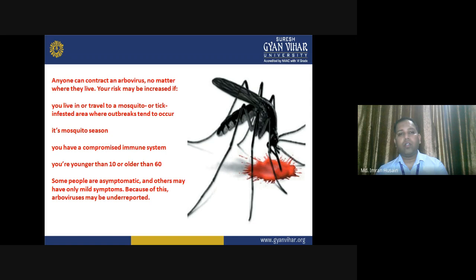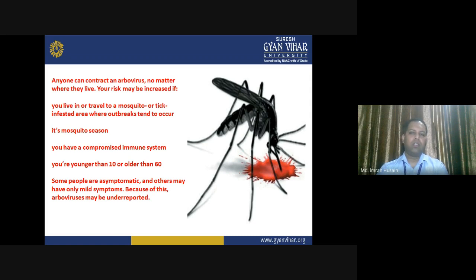So, when you are visiting some sort of place that is of tropical origin, or an area that is heavily infested by ticks and mosquitoes, you should be extra cautious, and because of those things, you should protect yourself.